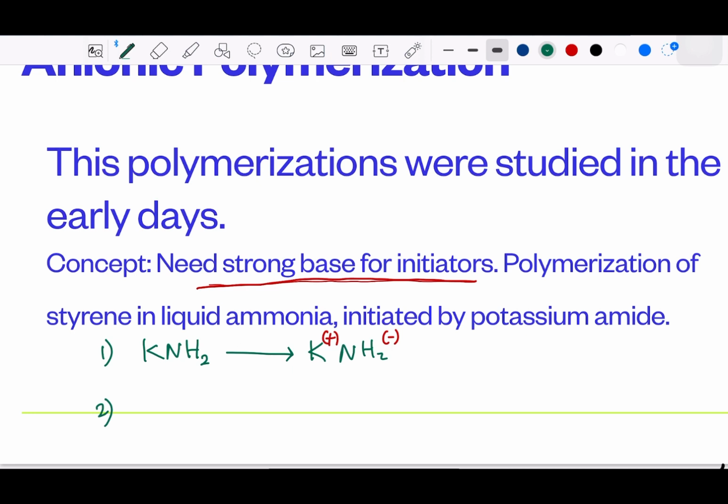So this is one, and two is more advanced. We call them organometallic compounds, like butyllithium. We have butyl and lithium. Butyl is more electronegative, and lithium is more positive in electronegativity.